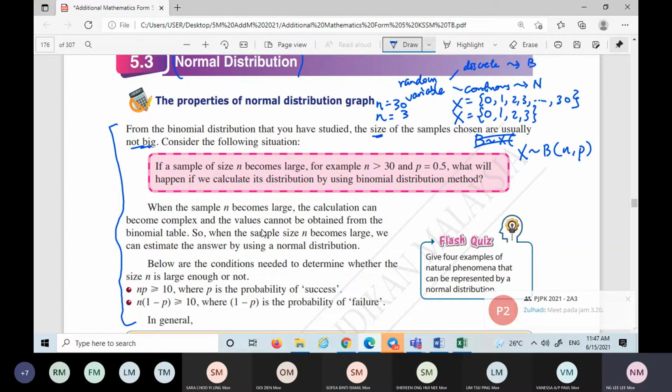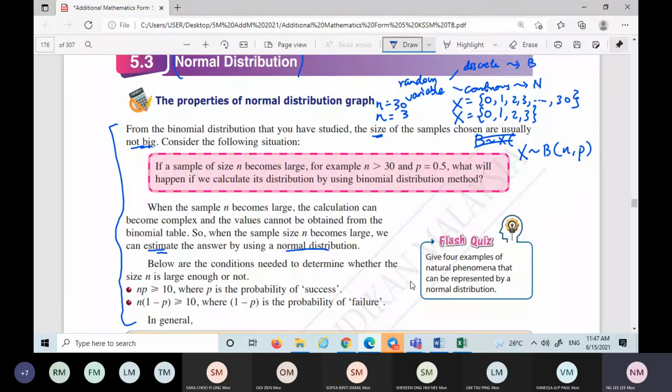So when the sample size n becomes large, we can estimate the answer by using a normal distribution. But this is just an estimation. You can use a normal distribution to estimate when the sample size n becomes large.